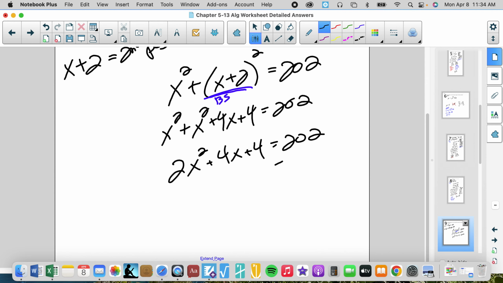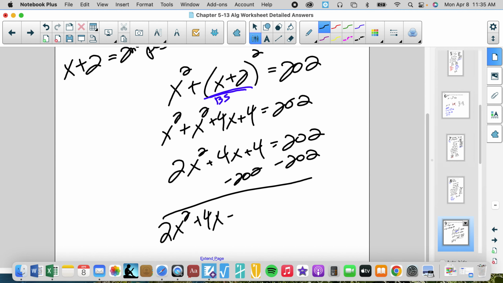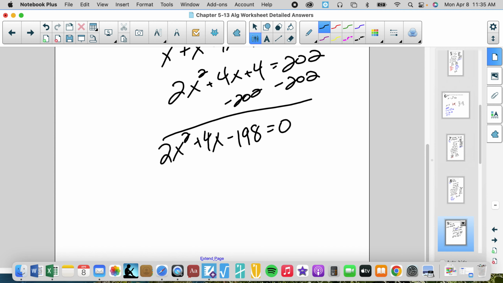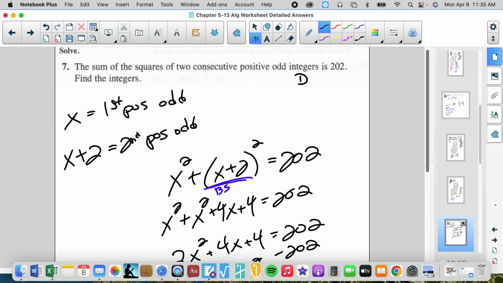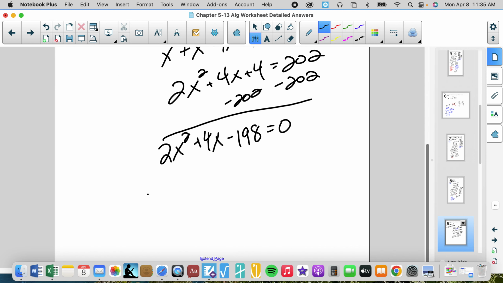And now we're going to set it equal to 0. I'm going to simplify that left side before I move it and set it equal to 0. 2x squared plus 4x minus 198 equals 0. Remember our order, set equal to 0, standard form, common factor. There's a common factor here. So if we factor out a 2, you get x squared plus 2x minus 99 equals 0.